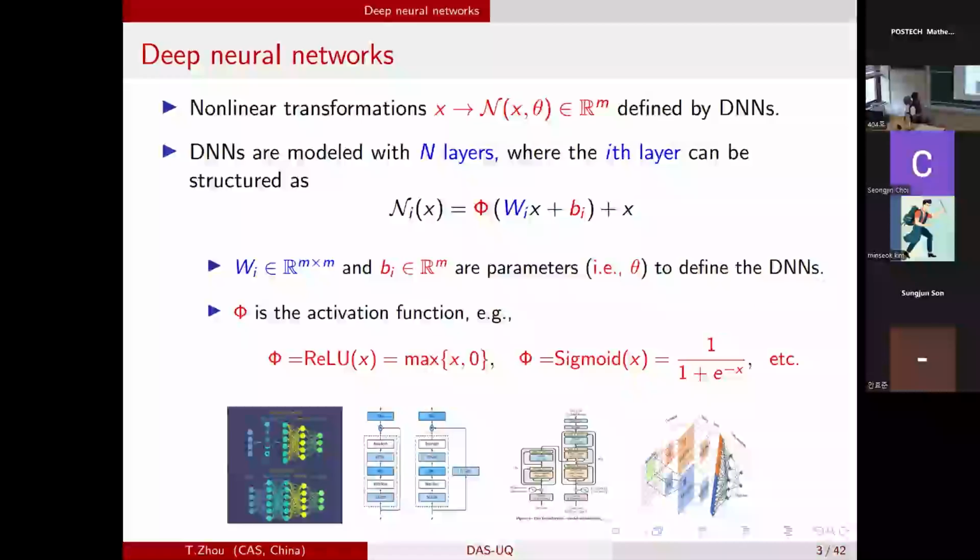Normally we define these things, Wi and bi, as the unknown parameters. We just denote these unknown parameters by theta here. So the idea is to decide the structure based on the purpose when you use this neural network function.